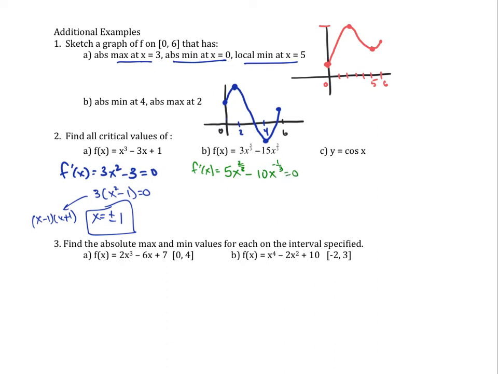Now, you're tempted to bring this over to there and solve, but do not do that. Always factor, because if you do that, you're going to leave out a possible solution. So always factor it. Over here, I'll take a 5, and I could take an x to the negative 1 third out.